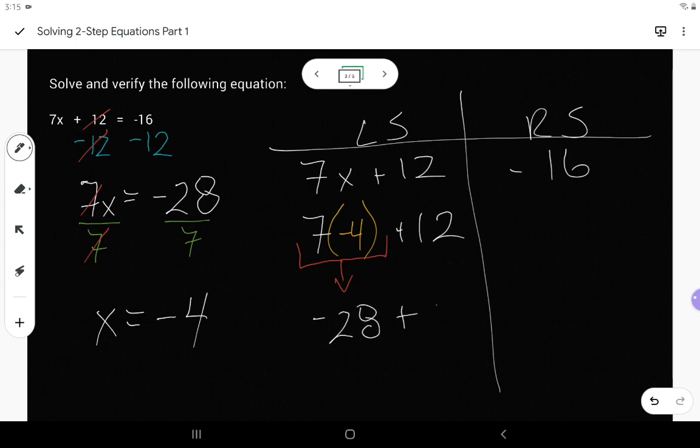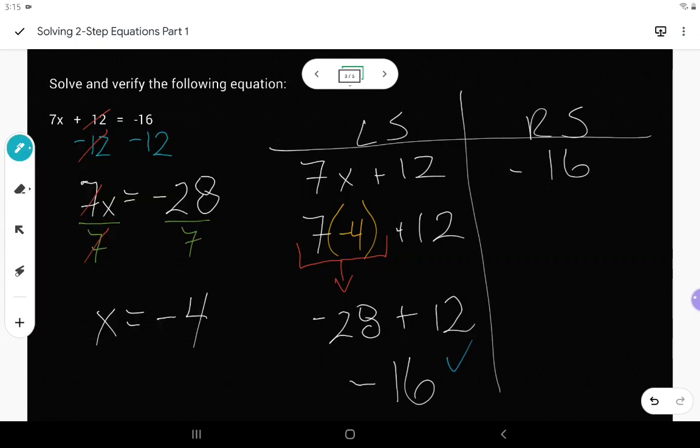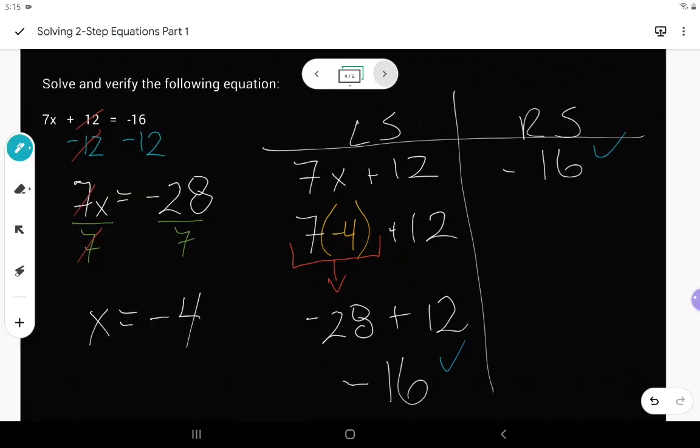Negative 28 plus 12, I know that I have a larger group of negatives, so I will have negatives left over. 12 of those negatives are going to get canceled out by my 12 positives. That means I will have 16 negatives left over. And we get negative 16 on both sides.